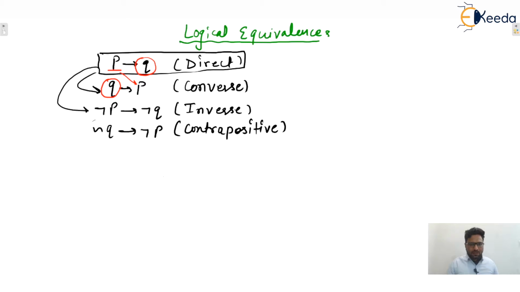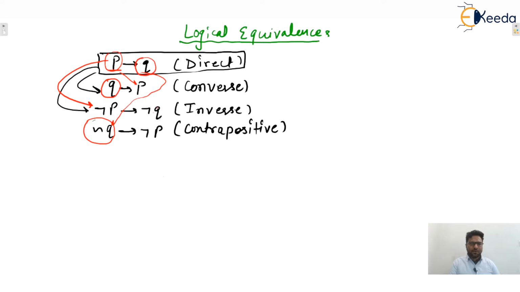In the inverse, negation of LHS implies negation of RHS. And the contrapositive is negation of RHS implies negation of LHS.